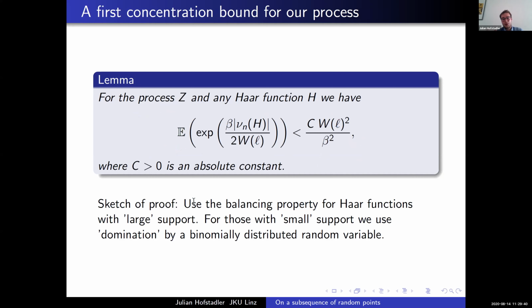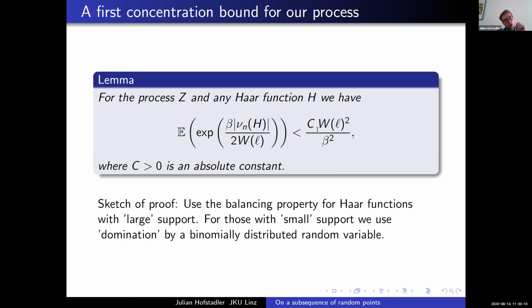We have a look at an arbitrary half function H, and we have a look at the following expectation, where we have the exponential of the beta over 2W of L. This was the normalization factor in the densities. And then we have a look at the counting measure at the time n for any half function. And this is just bounded by an absolute constant.